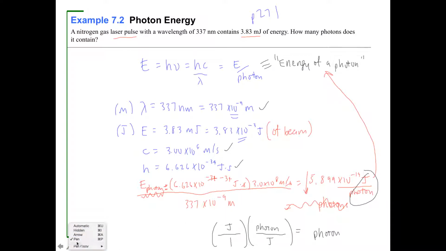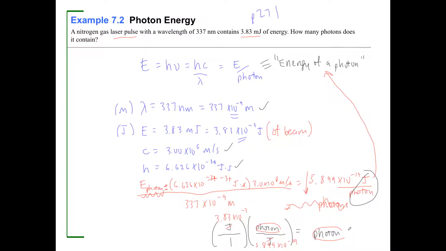Back to red now. Okay, so it looks like this is going to be 3.83 times 10 to the minus 3 joules divided by 5.899 times 10 to the minus 19 joules per photon. Joules are going to cross off and I'll be left with photons. And that's going to be the number of photons.